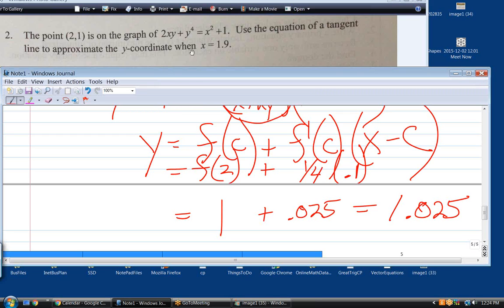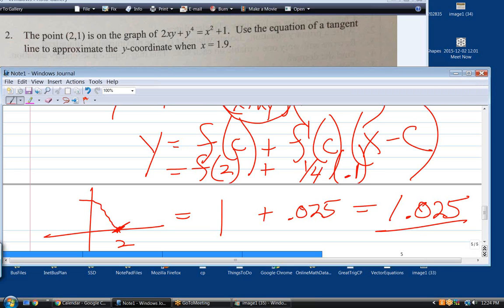In other words, if I were to graph that function on Wolfram alpha, I would see that it was decreasing as I went into the point 2, 1, because when x is less than 2, y is greater than 1. It's 1.025.